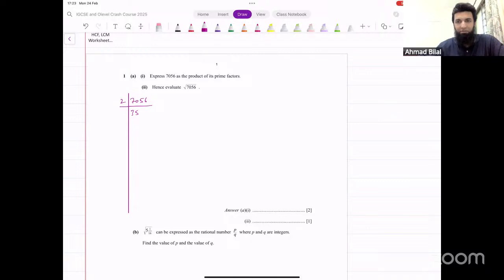So 7,000 divided by 2 is 3,500, right? And then 56 divided by 2 is 28. So we have 3528.